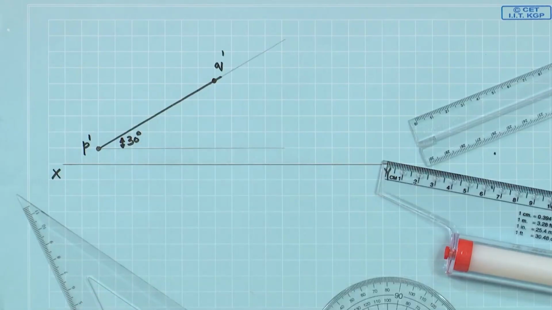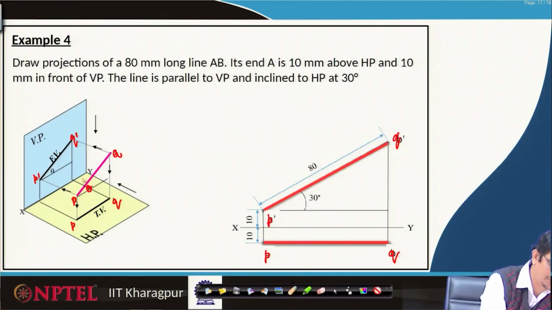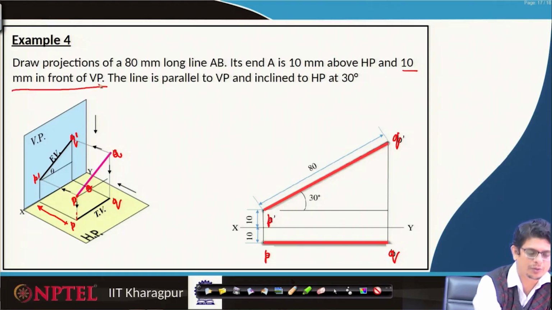Once it is done, what we have to do? Project point P onto vertical plane, rotate it by 90 degrees. So, for that purpose what we have to do? When we project P point, which is 30 mm here, let us look at this. Project P point all the way down of this distance. That distance is 10 mm in front of vertical plane.